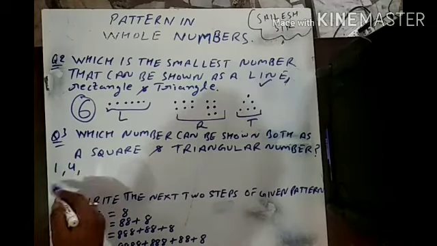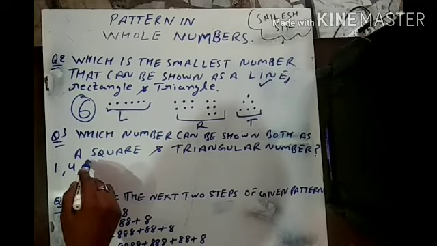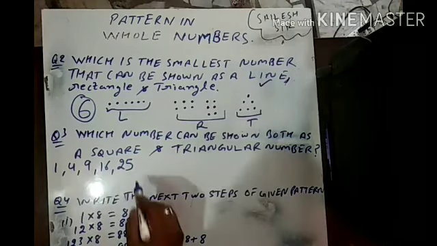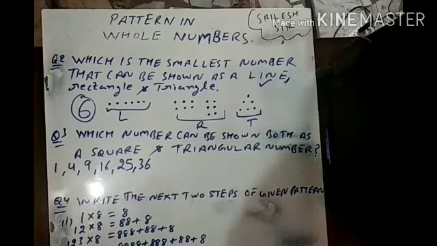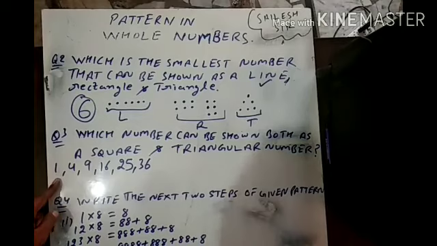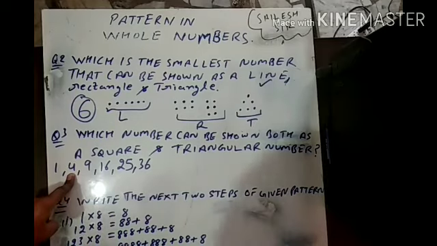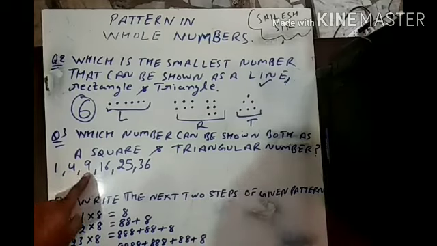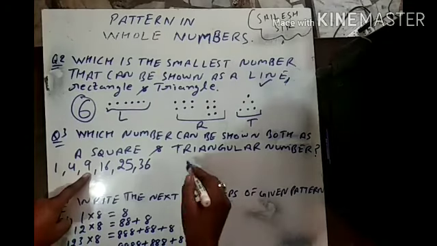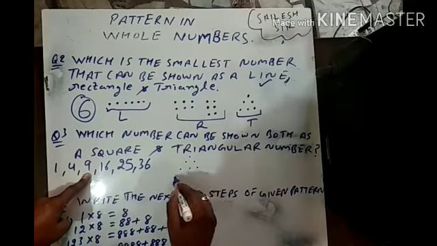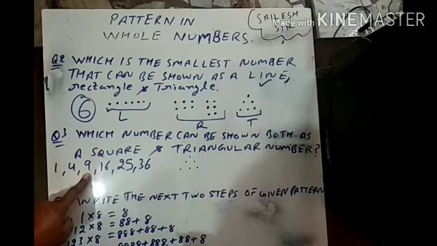First, 1 can't be considered. 1, 4, 9, 16, 25 and 36. 1 can't be considered. 4 is a number that can't be represented as a triangular. Okay, now 9, 1, 2, 3, 4, 5, 6. Now it also can't be represented as a triangular.